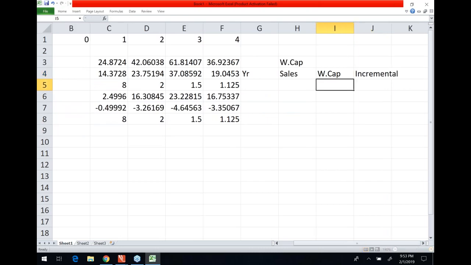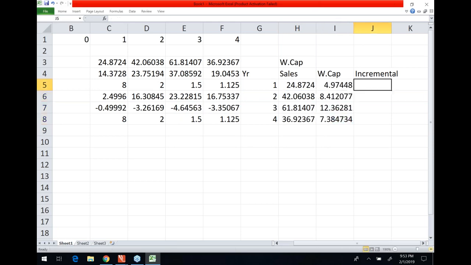So this is time period 1, 2, 3, and 4. The sales are expected to be this for the various time periods. The working capital requirement is expected to be 20% of the sale. So the incremental is this.